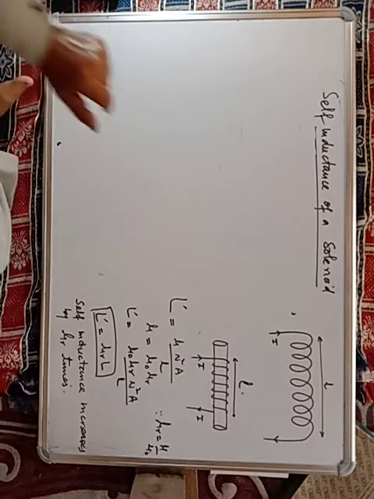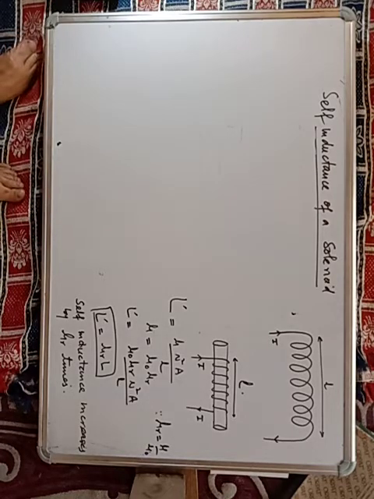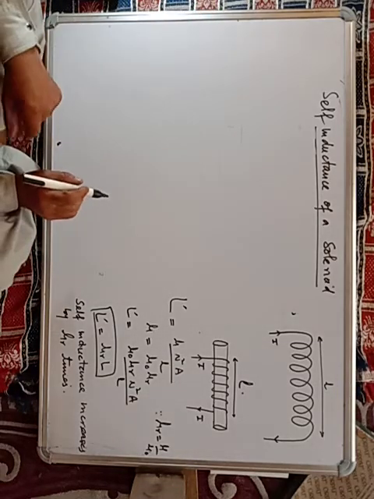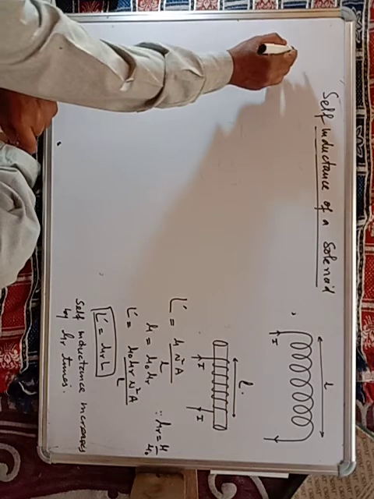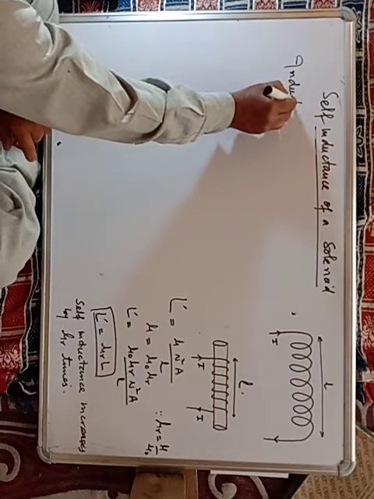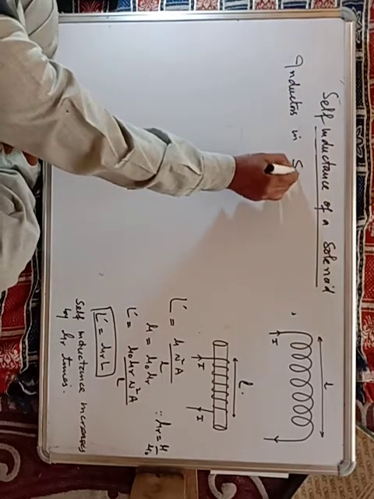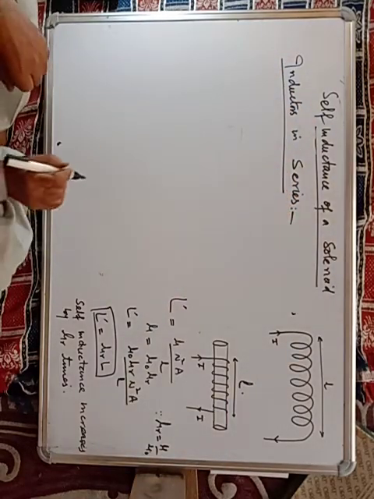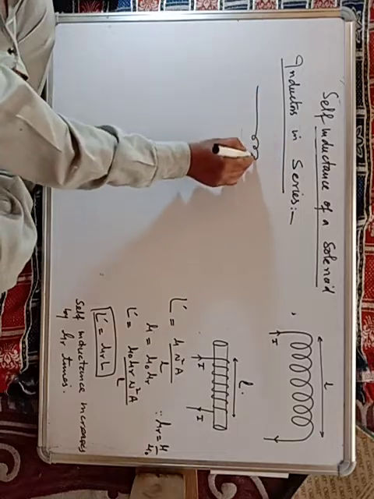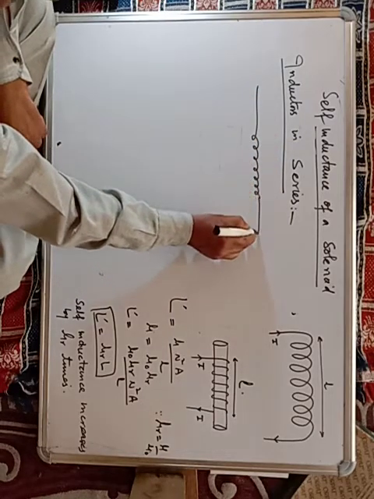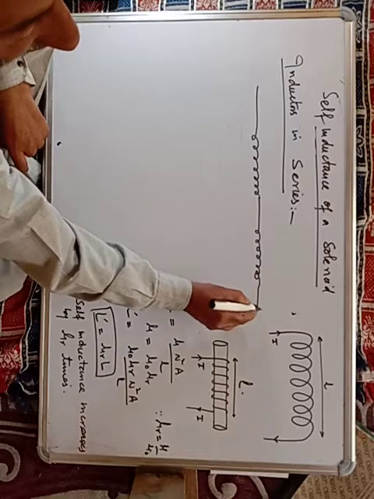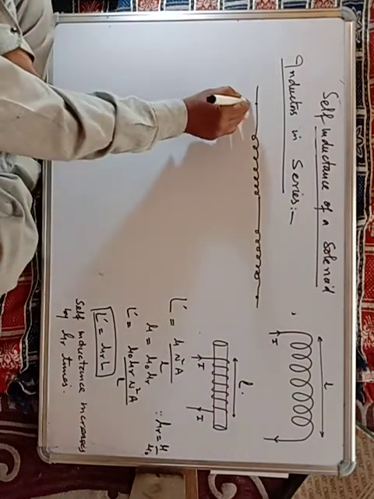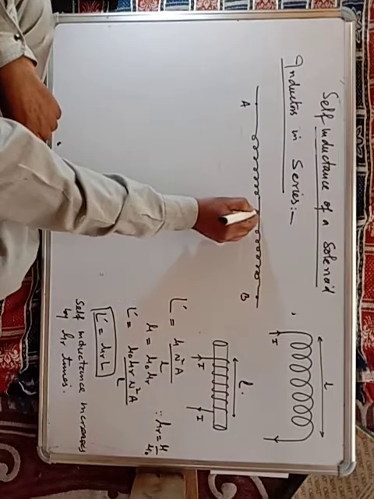When the inductors are connected in series, what will be the total inductance? One inductor is here, and this is the second inductor. What will be the total inductance between A and B?